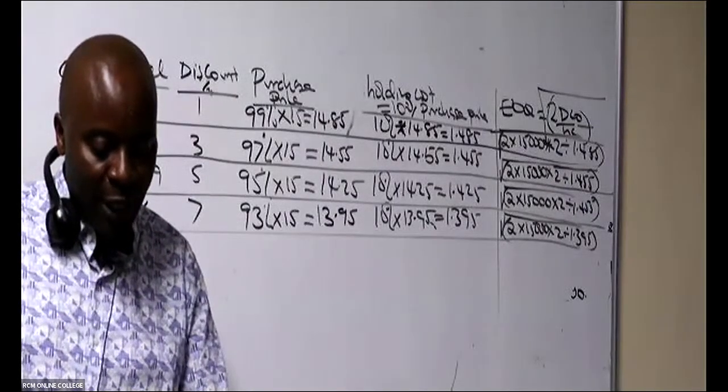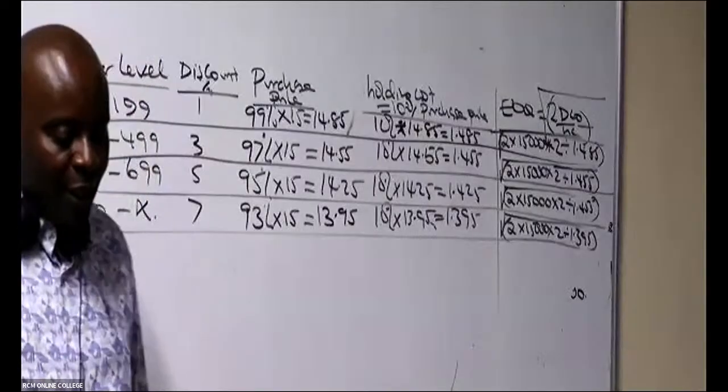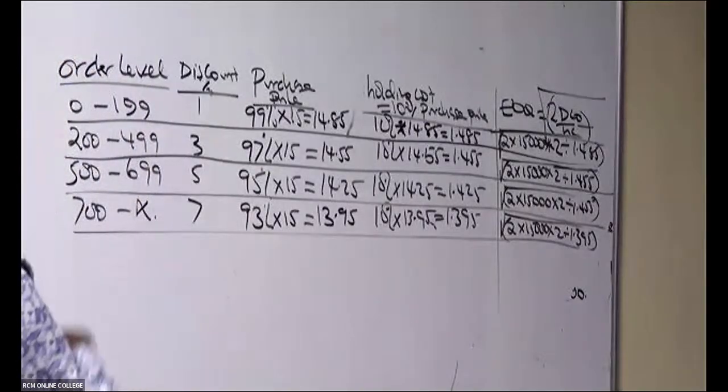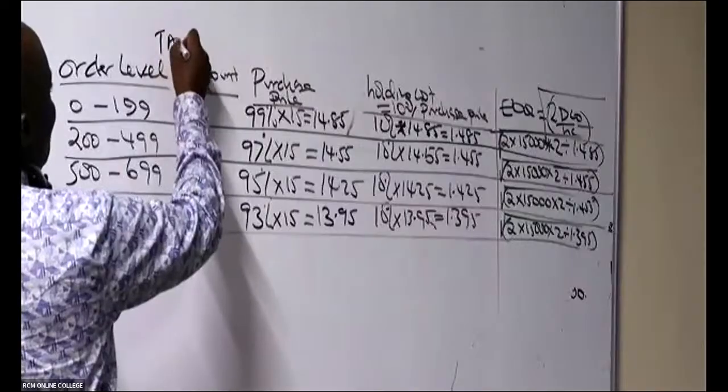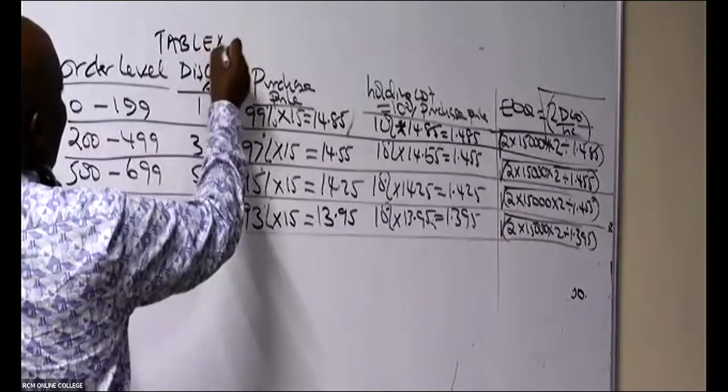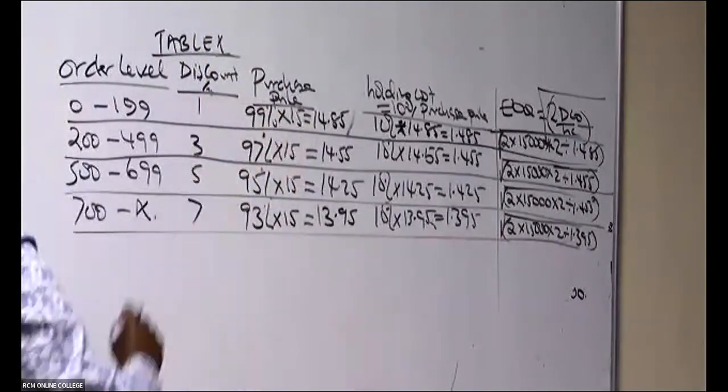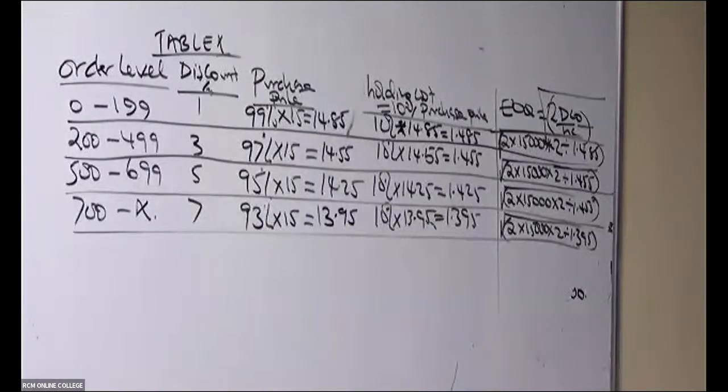Is there anybody who could be having answers? So this will be my table 1. Once you finish writing this table to the very end, up to the EOQ column, please give me a signal.